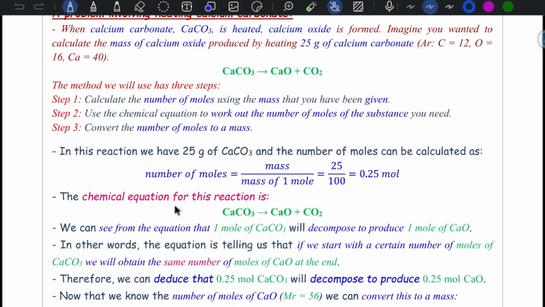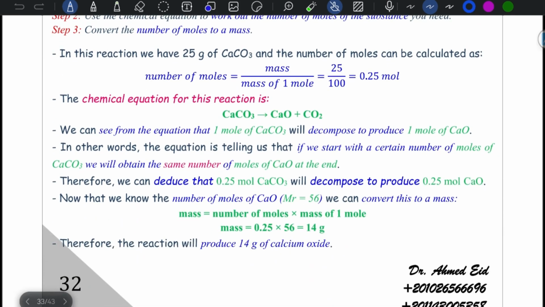From the chemical equation, you will find that 1 mole of calcium carbonate gives 1 mole of calcium oxide. If you start with a certain number of moles of calcium carbonate, you will obtain the same number of moles of calcium oxide. So 0.25 mole of calcium carbonate gives 0.25 moles of calcium oxide.